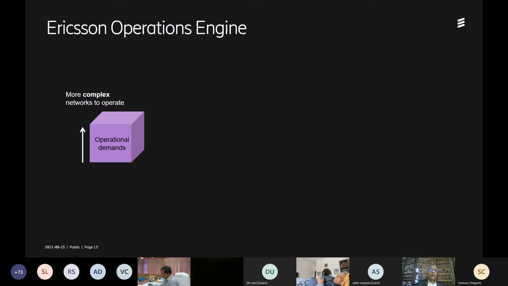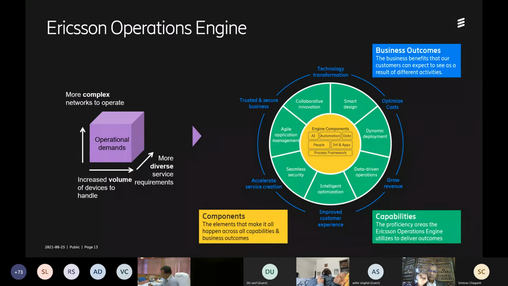With that, I want to quickly show you our, you probably are familiar with our Ericsson operations engine. This is the platform, if you will, that helps operators manage complex networks. As more and more devices connect to the network, more and more traffic volume is handled, and more diverse services are supported by them.